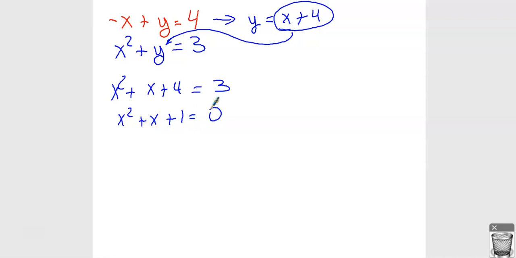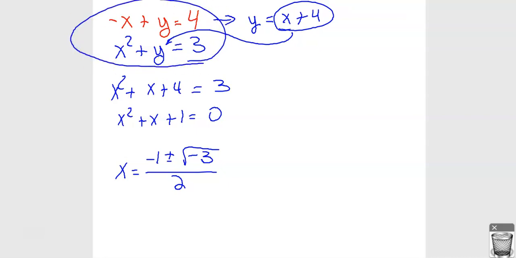If you use the quadratic formula on it, you're going to end up with x equals negative 1 plus or minus the square root of a negative number, which means there's no real solution. This would be an imaginary solution. So in this case, there is no real solution. If you graph this, you'll see it as well. But again, that's how you would set it up and solve it.